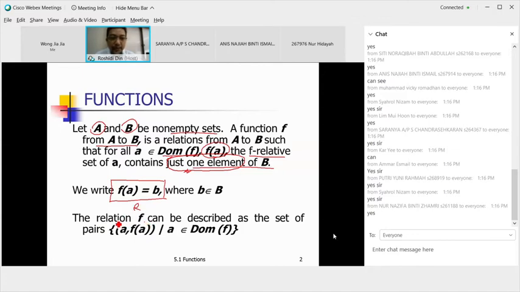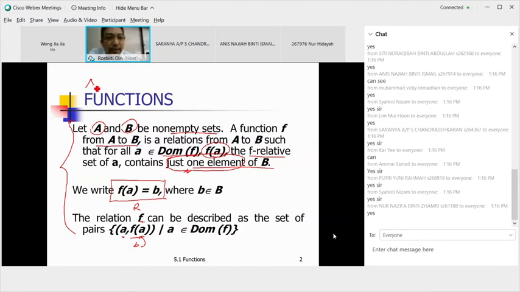Now we change to this relation f, which can be described with the first element a and the second element, which sometimes we put as b, now we change to f(a), where it means a is an element in the domain of f. So what does this statement mean?